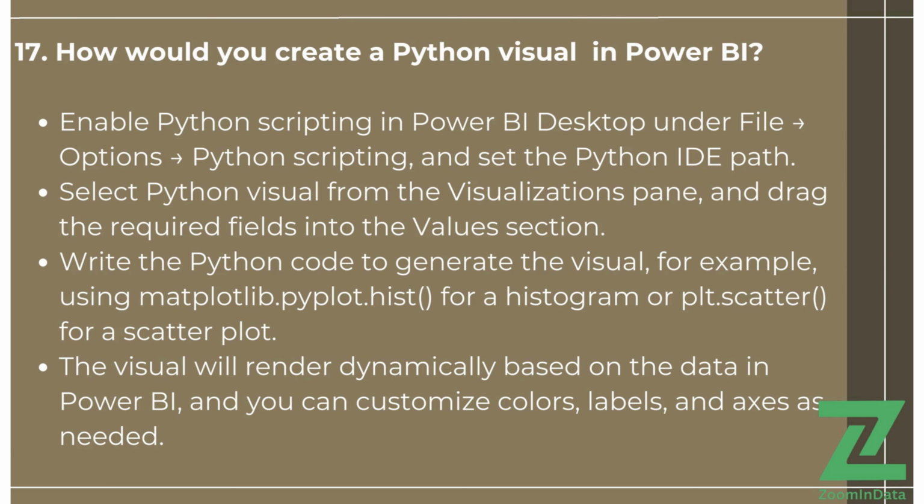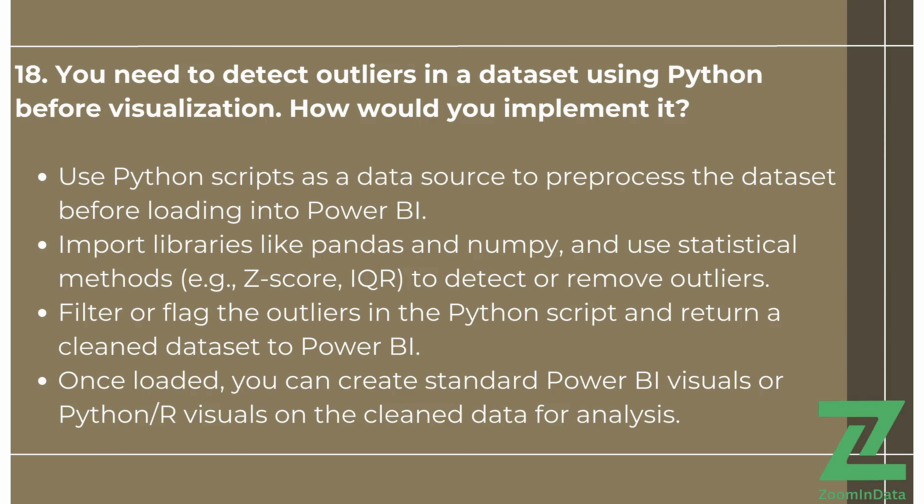18th question. You need to detect outliers in a dataset using Python before visualization. How would you implement it? Use Python scripts as a data source to pre-process the dataset before loading into Power BI.